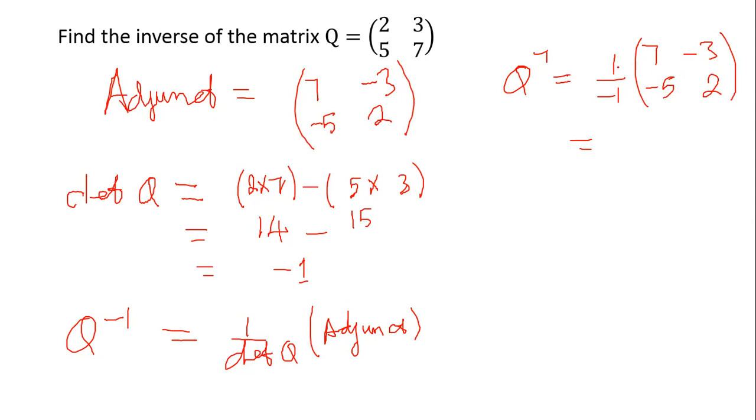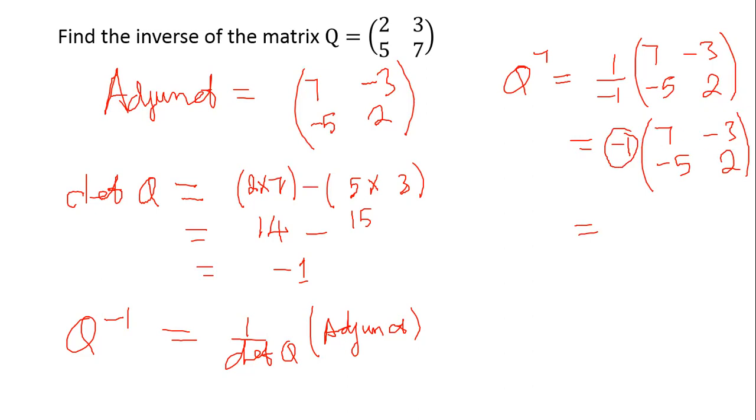So one divided by -1 is -1 times 7, -3, -5, and 2. So since it is a single value here, we can multiply inside.